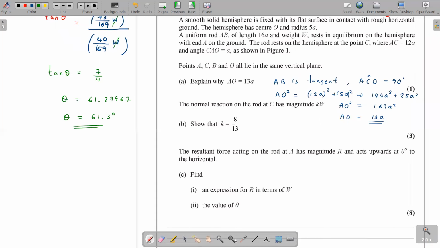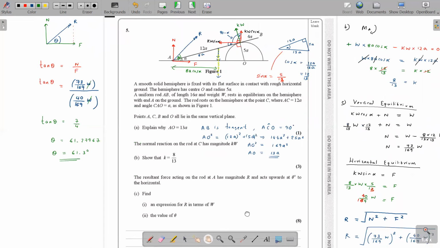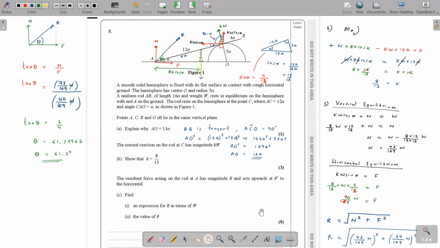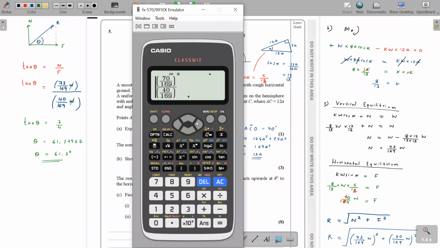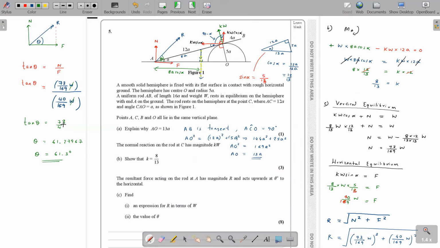They have not asked for a significance. So tan inverse of 73 over 40 is 61.3 degrees.